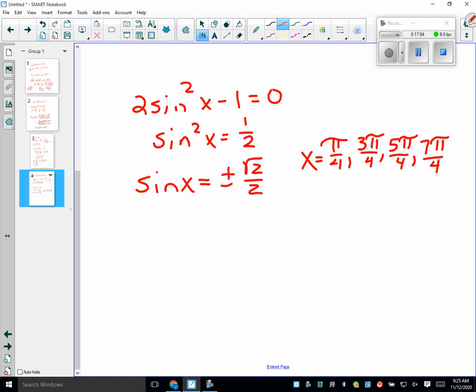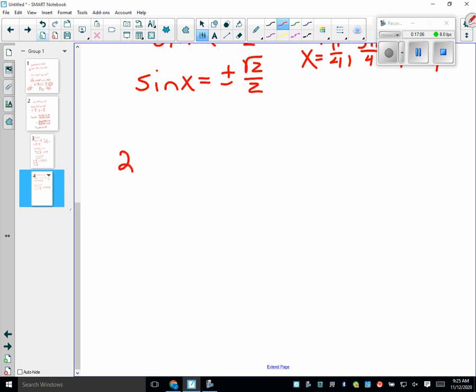Okay, what if I have 2 cosine squared x plus 5 cosine x plus 2 equals 0? Will it factor?